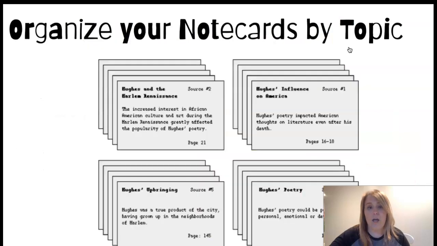Once you've done that, your goal is going to be to organize the note cards by topic. Now, my assumption is that you took notes on each source and you just created a new note card every time you found a new fact in a source, right? So my assumption is that you have all of your notes taken by source, okay?